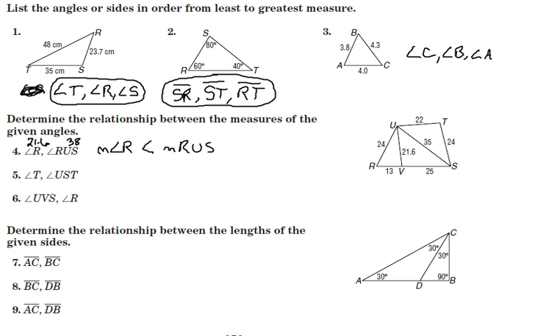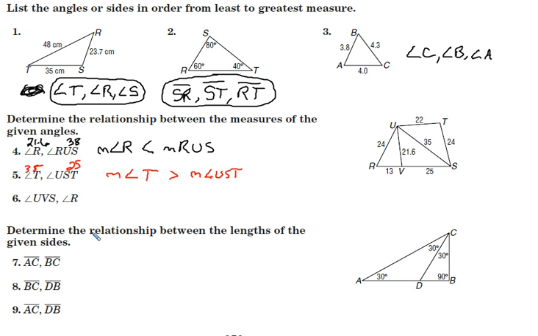Now we're going to look at T, and angle T is right here, and that's opposite 35. So I'm going to put a measurement there for 35. UST, the opposite of that is 25. So it is obvious to see the measure of angle T is greater than the measure of angle UST.